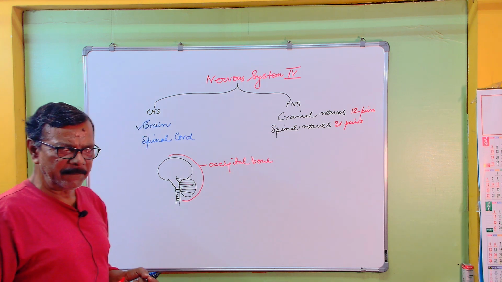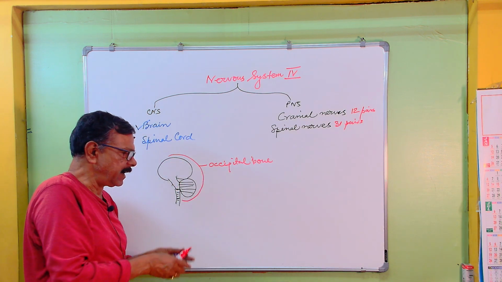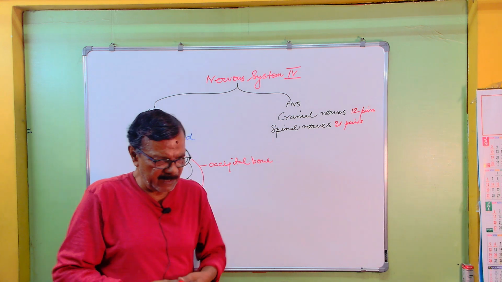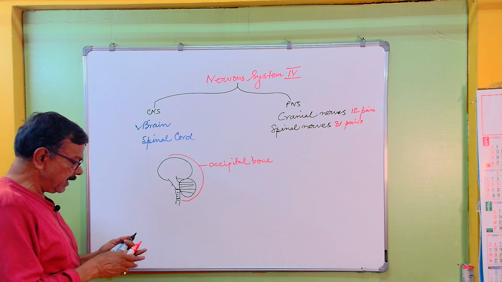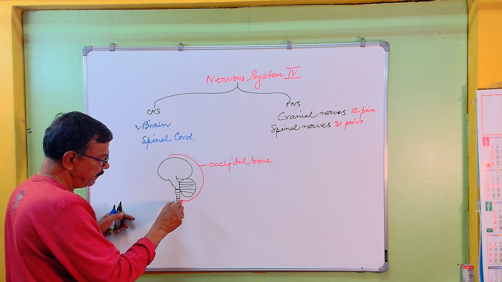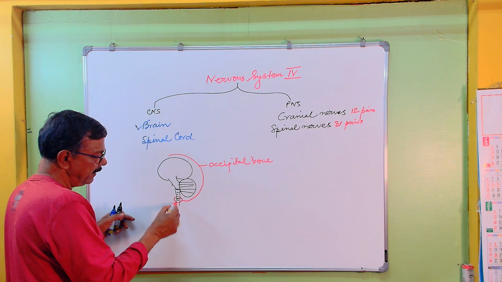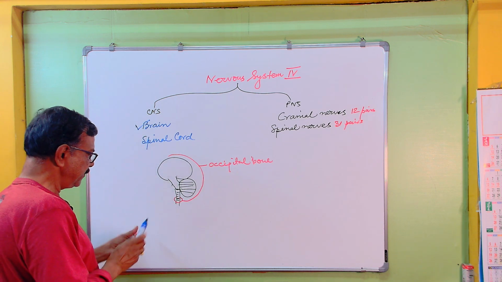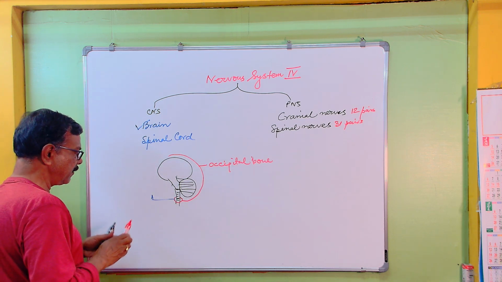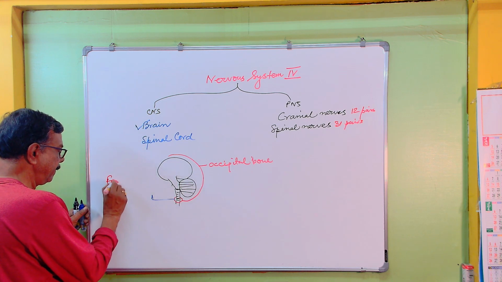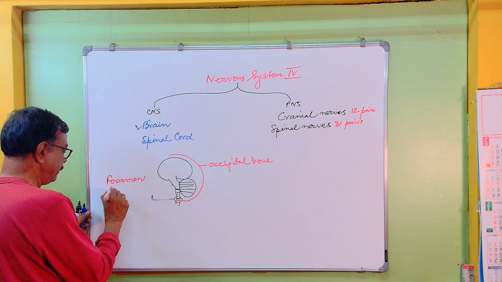During our skeletal system we learned how many bones there are. The last part of our skull is known as the occipital bone. It is on the back side. In the occipital bone, there is an opening like this. This opening, as we have discussed, is known as the foramen magnum.